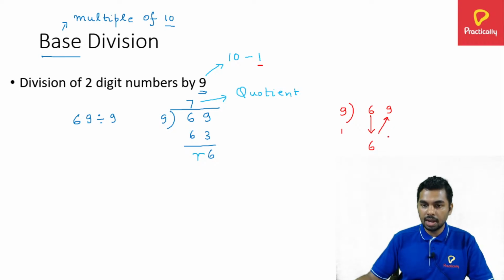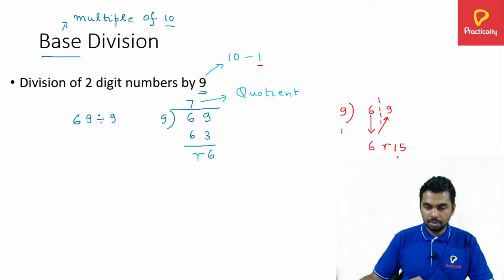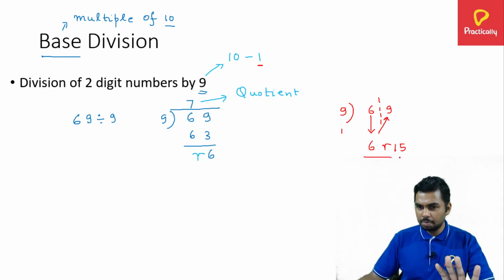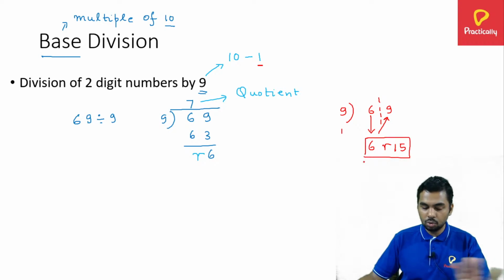So 6 plus 9, what is that? It is 15. Now since there are 2 digits, you have to reserve 1 digit for the remainder. So the answer is 6 is the quotient, remainder is 15. For the time being, you keep this answer in mind. I will come to further simplification.